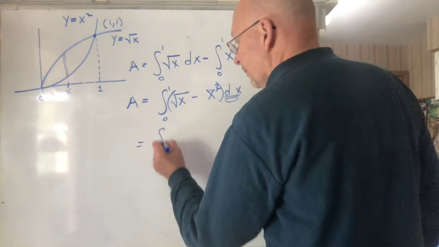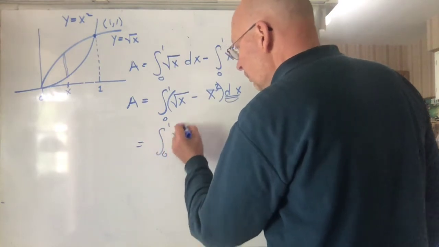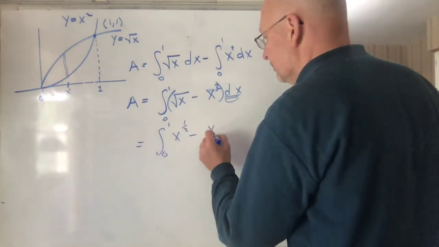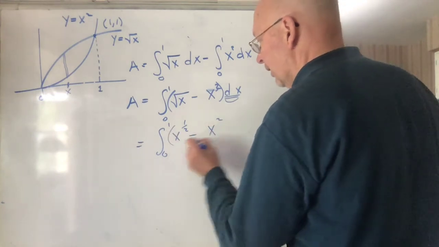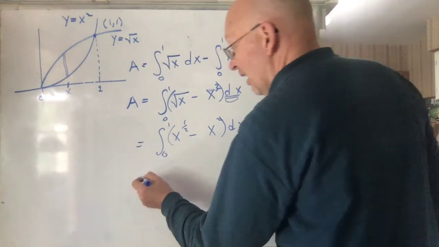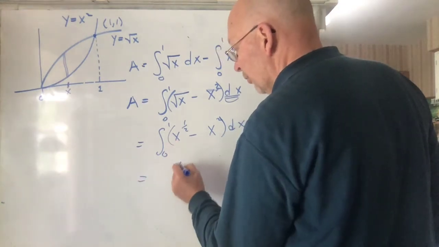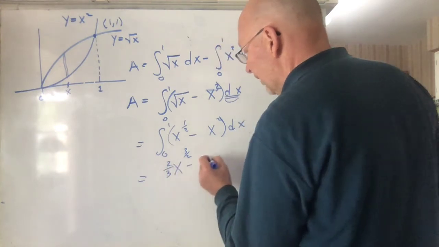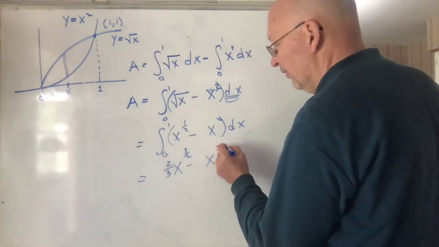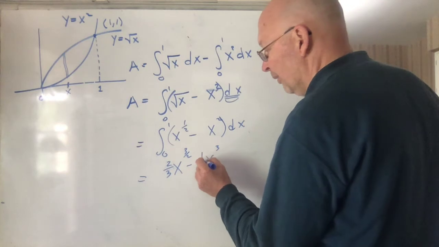This is x to the 1/2 power minus x squared. And so now the antiderivative is going to be x to the 3/2 times 2/3, minus x cubed divided by 3, which is 1/3.